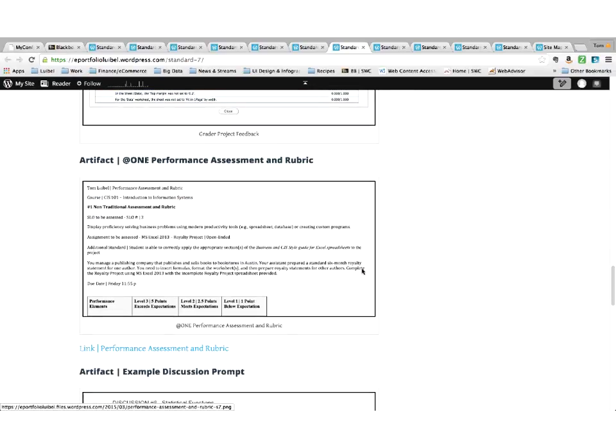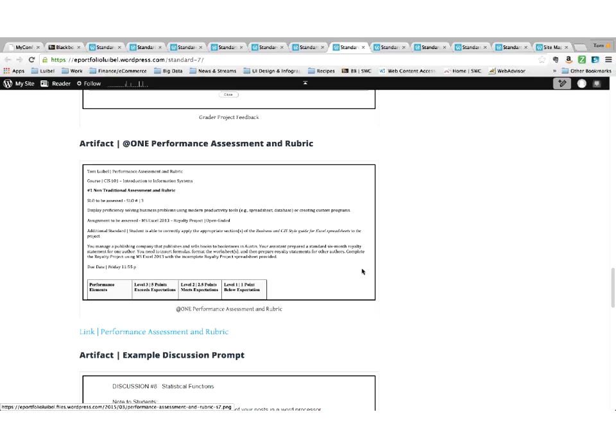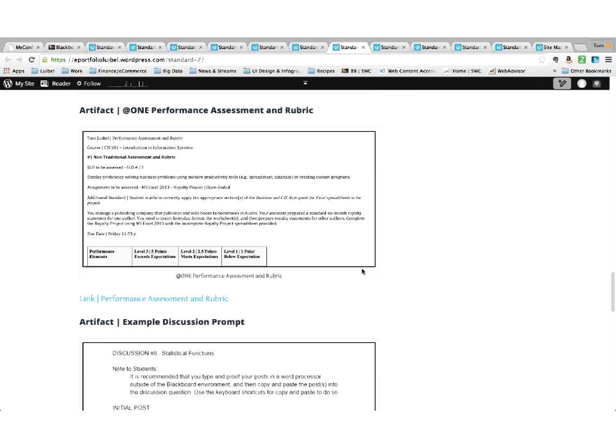And then when I was in the course, I wrote a @1 performance assessment and rubric, and I really learned how to kind of reverse engineer a course, and then work backwards from the equal sign with the learning outcomes. And this is very good.